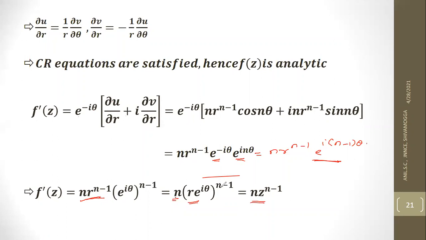Therefore, n into z power n minus 1. F of z is equal to z power n is analytic, and its derivative is n into z power n minus 1. This is what we proved.